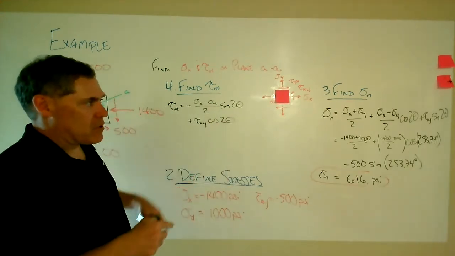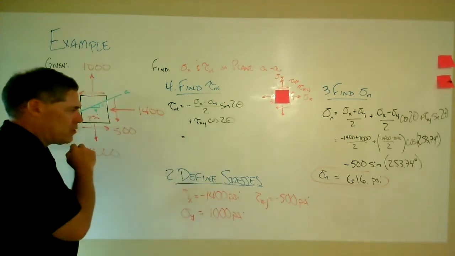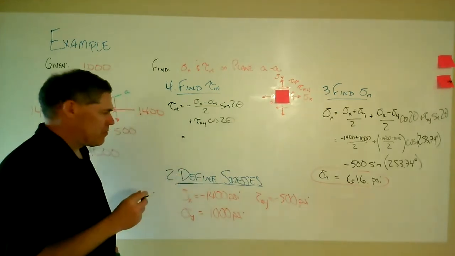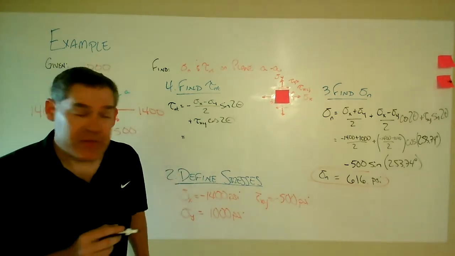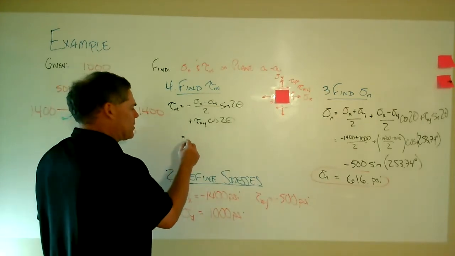Do the same thing, put all the numbers in there, and you're going to get, well, let's put them in there, because all of a sudden I don't remember. I know it's 1016 or something like that, but I don't remember if it's plus or minus anymore.